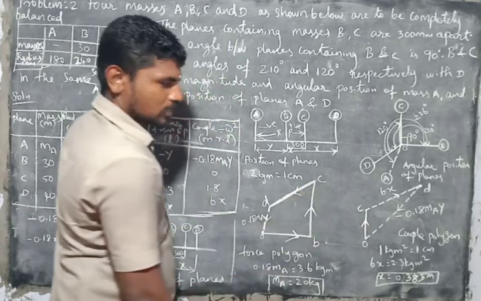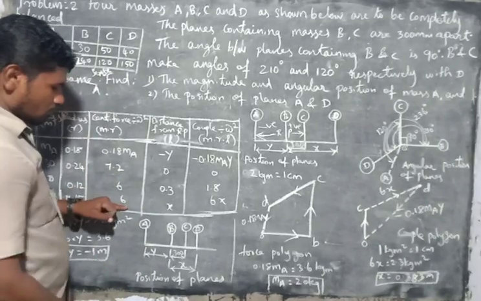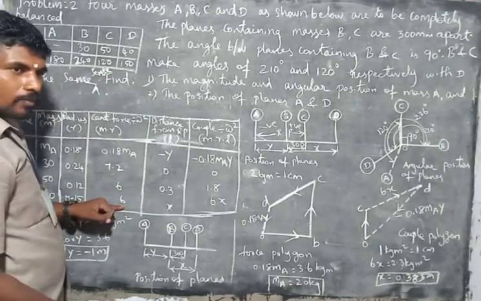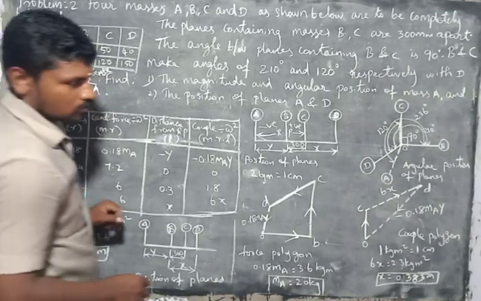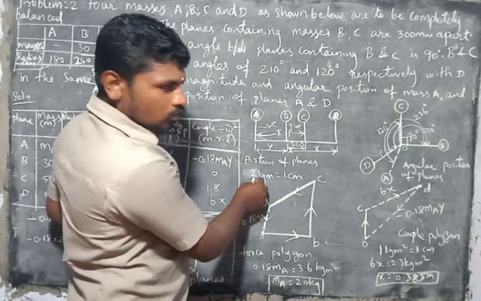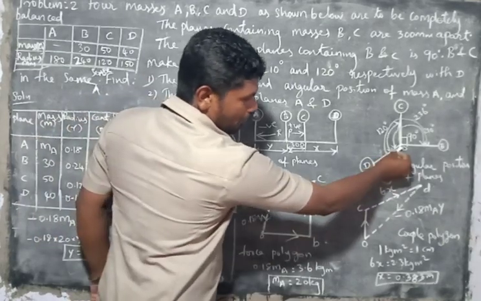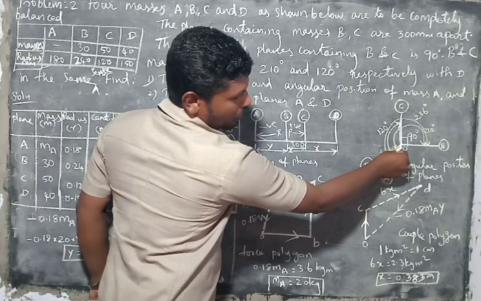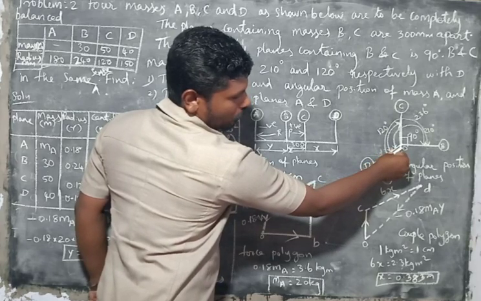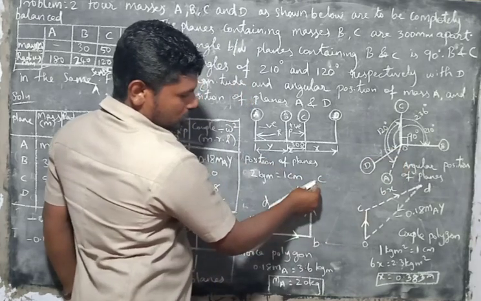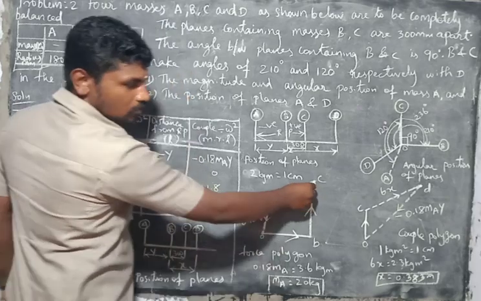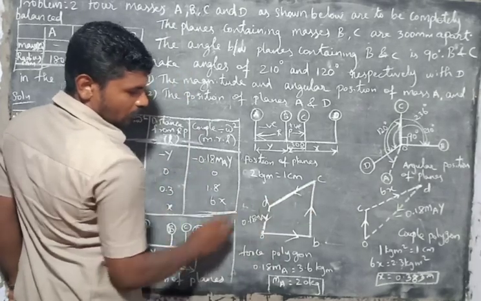That is plane C. And for the D plane, the value is also 6, so 6 divided by 2, 3. Draw a parallel line to the D plane from the C point and mark the value.